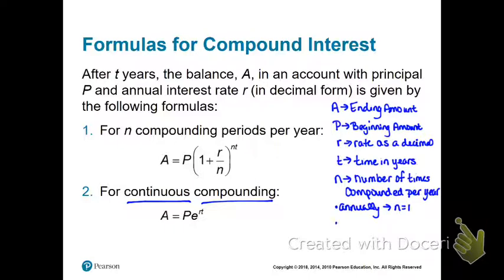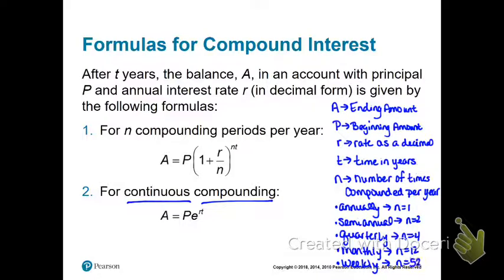It's 1 time a year. If they say semi-annual, that's twice a year. They could say quarterly. That's 4 times a year. Monthly, it'd be 12 times a year. They could say weekly. That's 52 times a year.